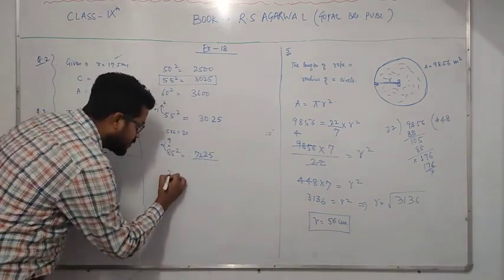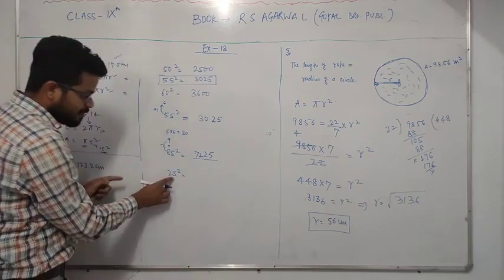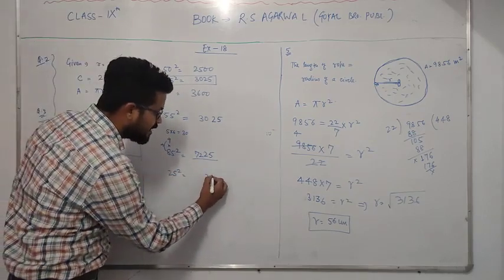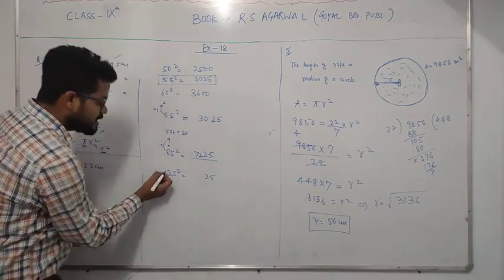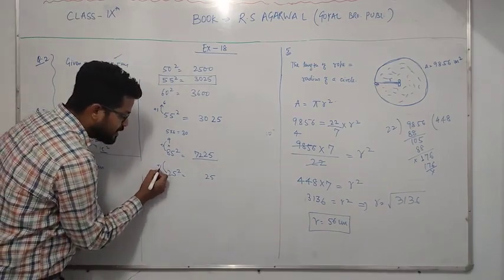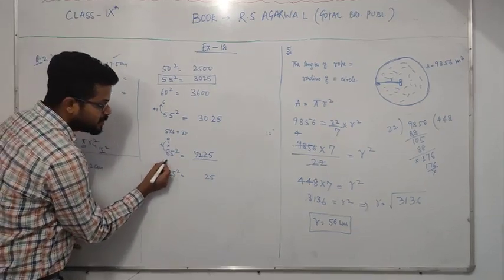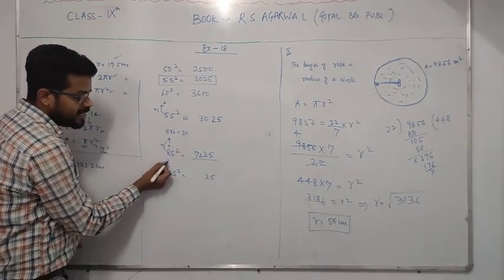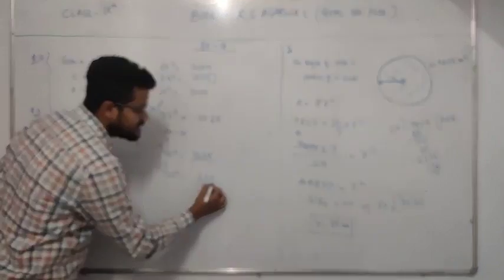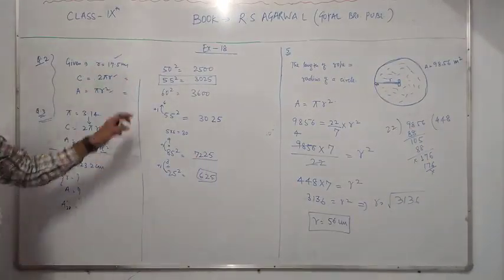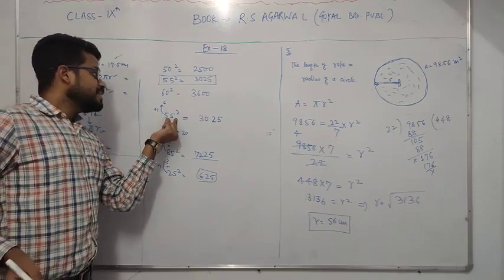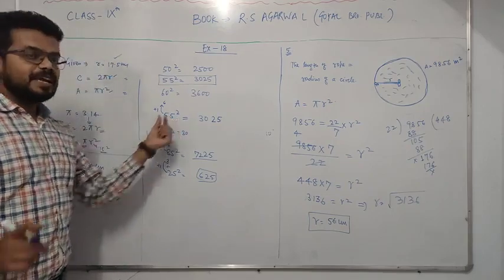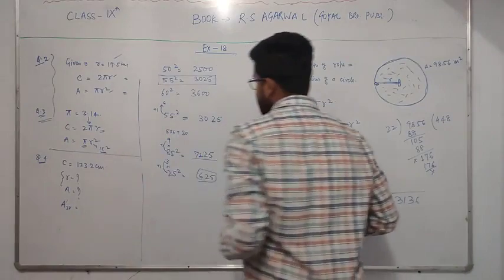Again, 25 square: 5 square is 25, and you add plus 1 to this 2, so 2 plus 1 is 3. Simply multiply, 3 into 2 is 6. So 625. So you can easily get the value whenever there is 5 at the one's place.